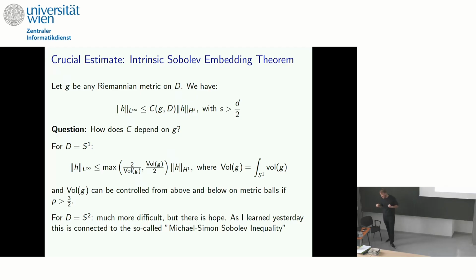What we would like to have is an L infinity estimate. This is the main ingredient in the proof. So we would like to have an L infinity H^s estimate, but the problem is that we need a very exact control of the constant and how the constant depends on the foot point, on the surface, or if you want, on the surface metric. So how is this for curves? For curves, it's trivial, because we are on a one-dimensional manifold.